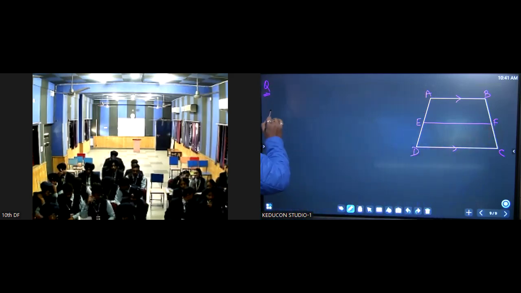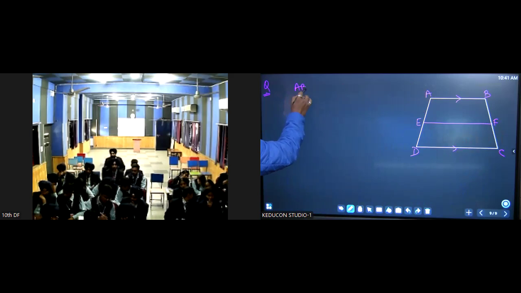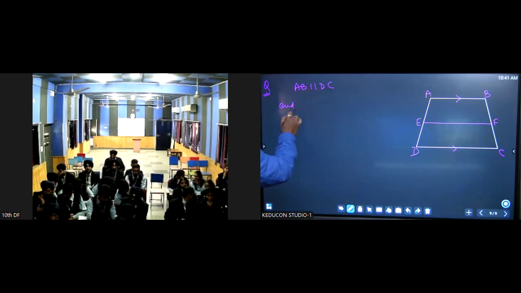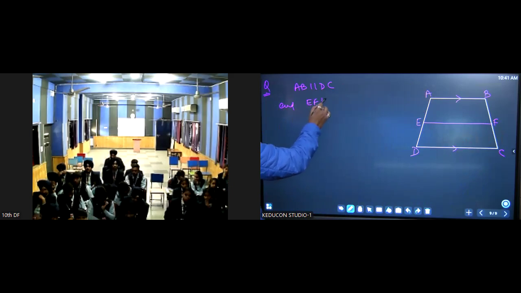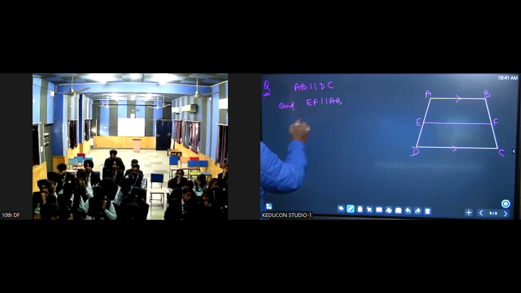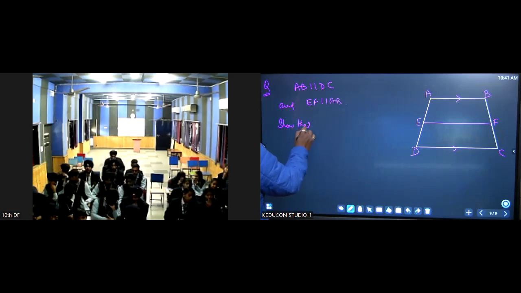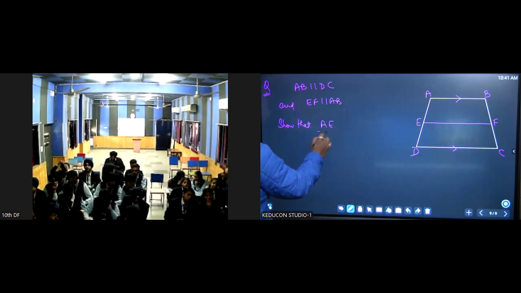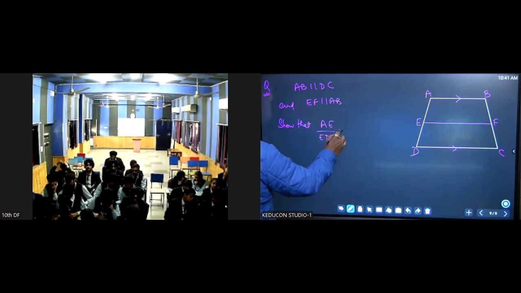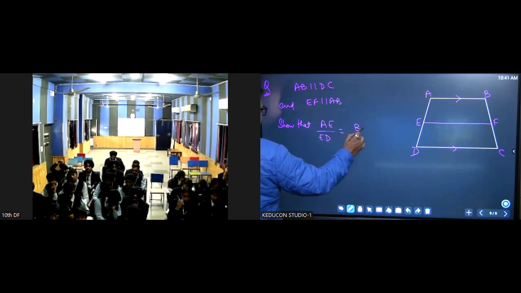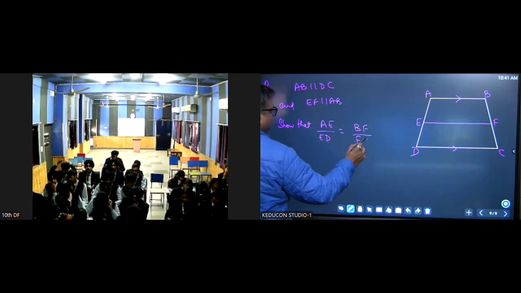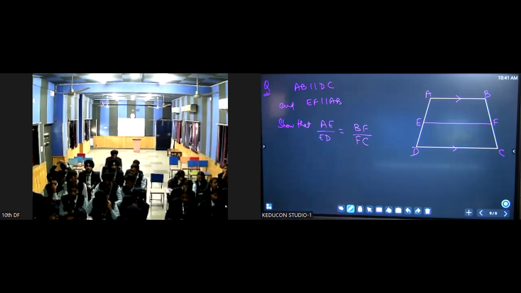Now what is given? EF is parallel to AB, so that AE upon ED is equal to BF upon FC. We have to prove it, right?